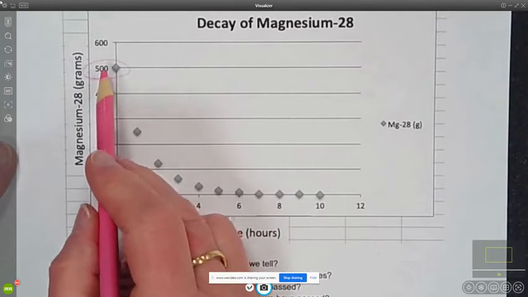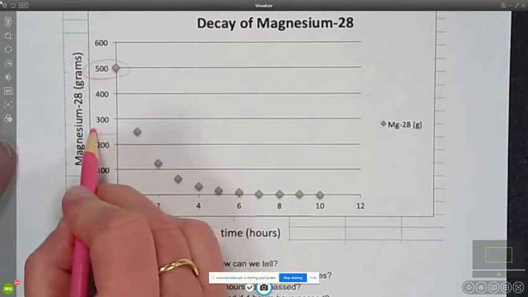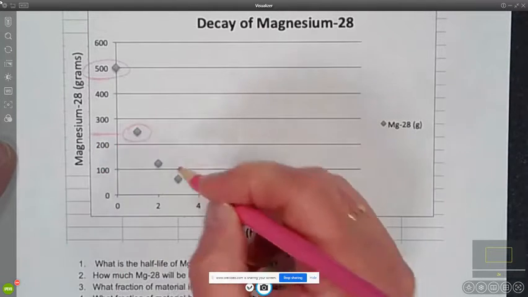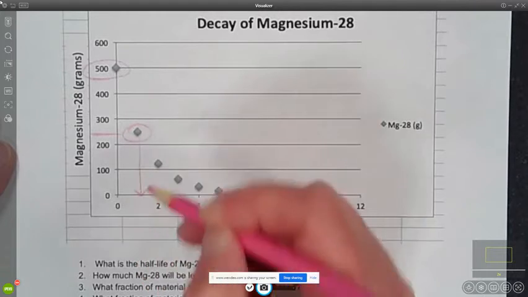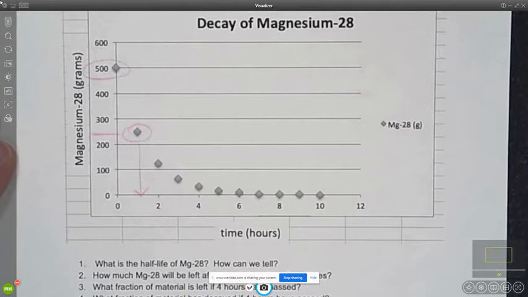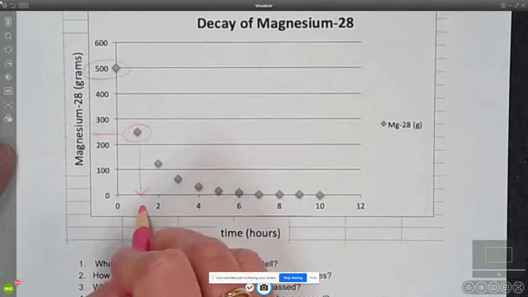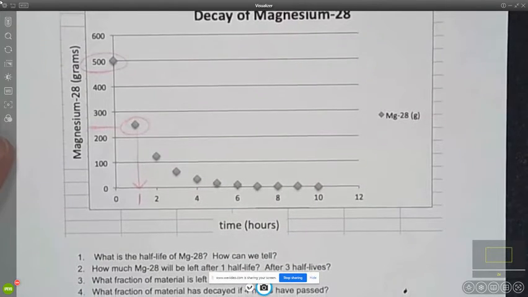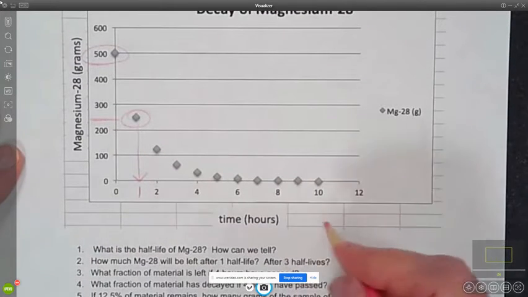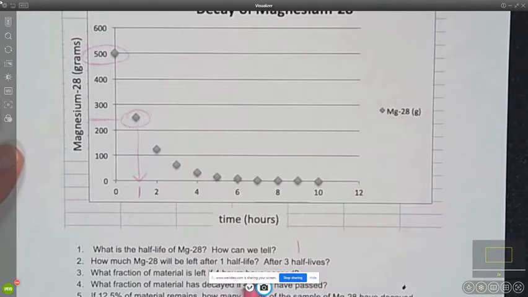So half of the 500 grams is 250. So that's this mark right here. I want to trace it down and look at where that lands on this graph, time in hours. Well, that's close enough. It looks like it's 1 hour. So the half-life of that magnesium is 1 hour.